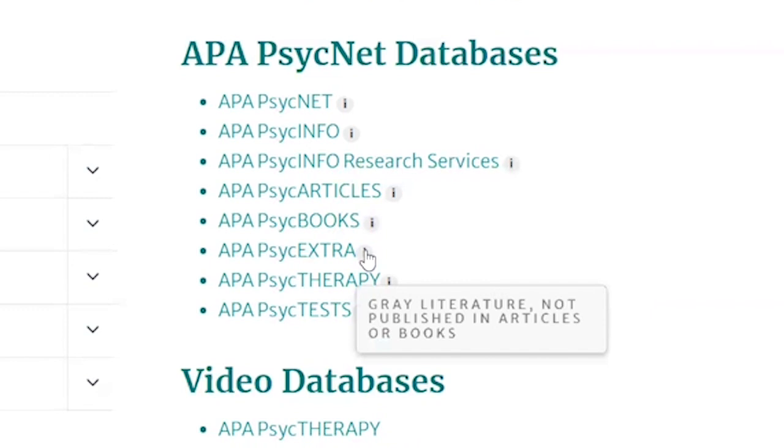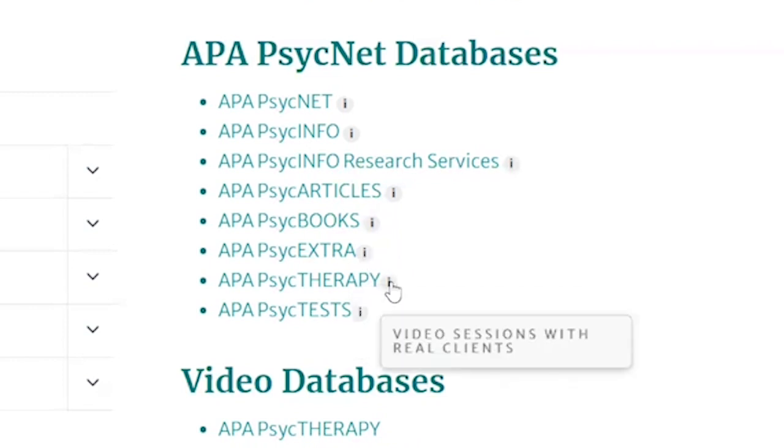PsycExtra is the gray literature, and that means that it's something like conference proceedings, posters, different items that aren't published in an article, a peer-reviewed journal, or are not published in a book. So it kind of is the catch-all for everything else. PsycTherapy is actual video sessions recorded with real clients and real therapists by the APA.